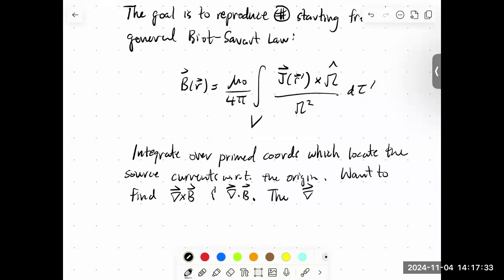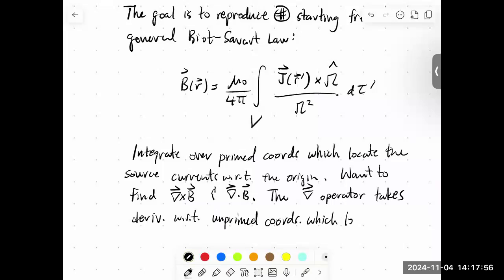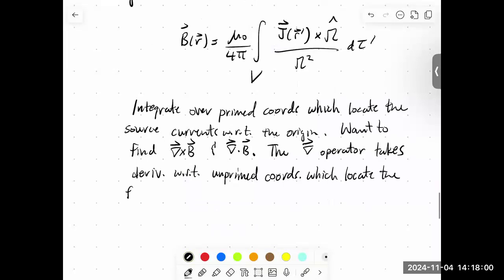And when we do that, this del operator takes derivatives with respect to the unprimed coordinates, which locate our field point. All right. So let's give it a go.